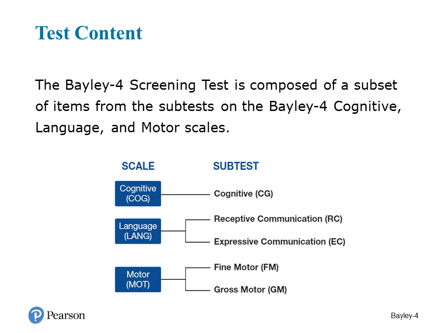And the Bayley-4 or the Bayley-3 both will actually, in addition to the cognitive, language, and motor scales, also include the social, emotional, and adaptive behavior scales. But the screening tests will cover the 3 scales: cognitive, language, and motor, the 5 subtests that comprise those 3 scales.